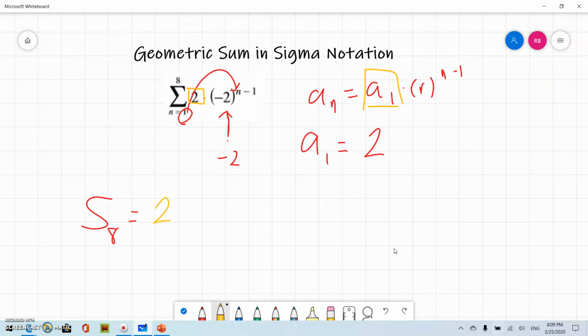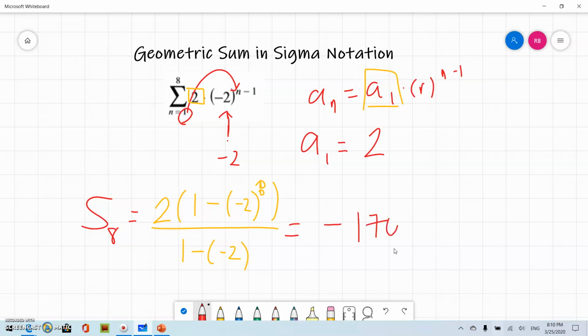So 2 times 1 minus -2 to the n power, which is 8, over 1 minus -2. I don't like the fact that there's just so much calculator. Times 2 divided by 3. So I get -170 as an answer.